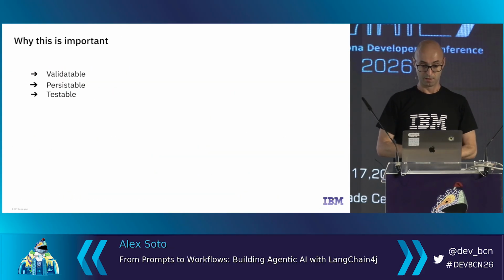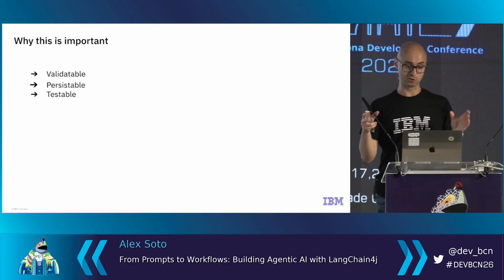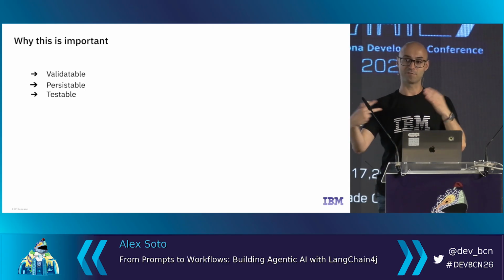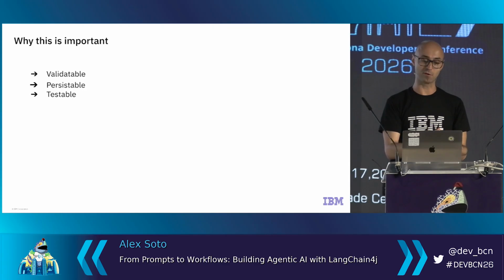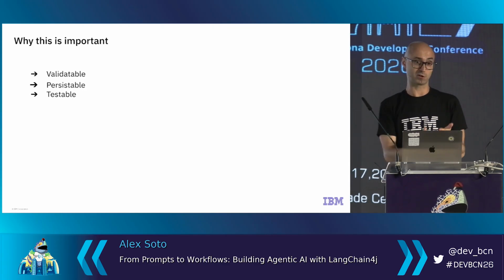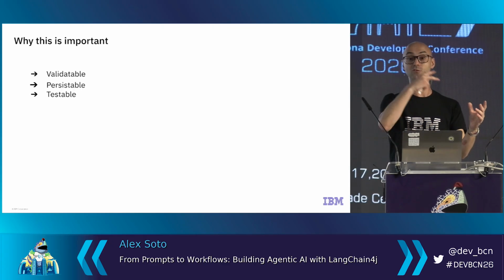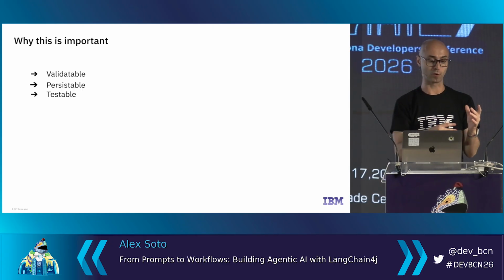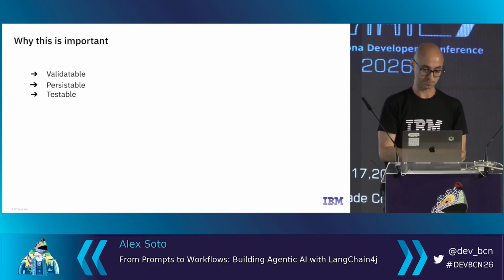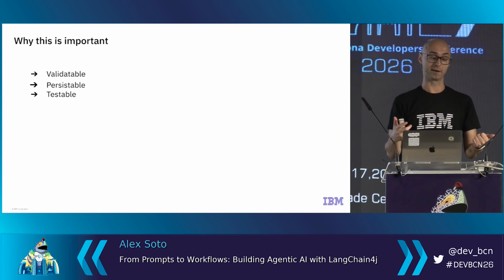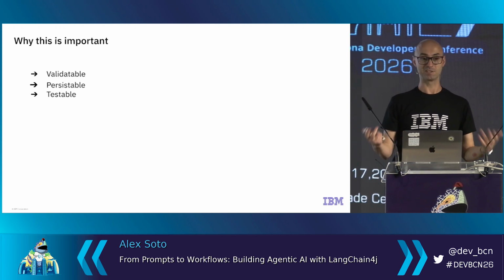So now, with this approach, everything coming from a model is validatable, persistable, and testable, right? Because it's in a Java object. We send in a string, we get a Java object with all these fields automatically populated, and we can write tests. So, good thing. The problem is hallucinations.